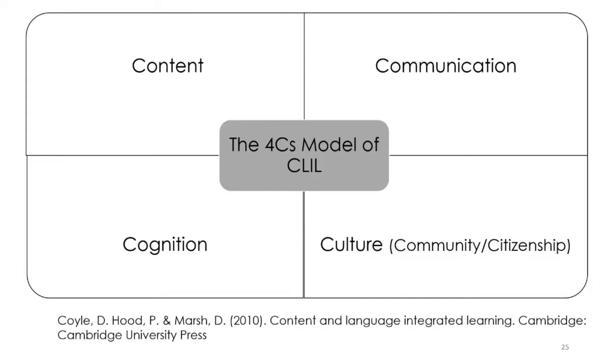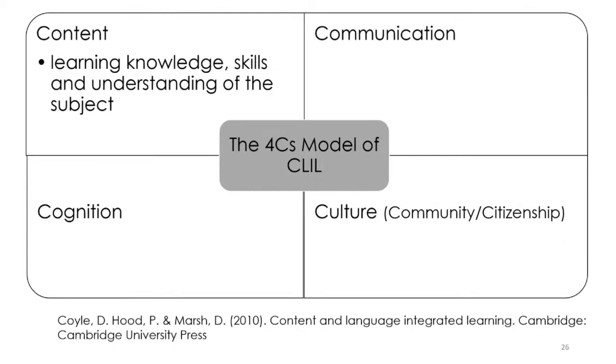So the idea is that in any lesson, when we teach the 4Cs, we integrate these ideas. Content is straightforward. It is your topic. Whether you're teaching photosynthesis or how to calculate hypotenuse, that's your topic, content. So we call it the knowledge, skills, and understanding of your subject.